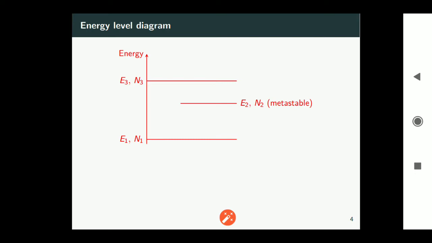Now in this three-level system, the total number of particles is conserved. If I call N0 the total number of active atoms, then that is conserved. So one can write N0 equals N1 plus N2 plus N3. Most of the time, the atoms will be in either N1 or N2.